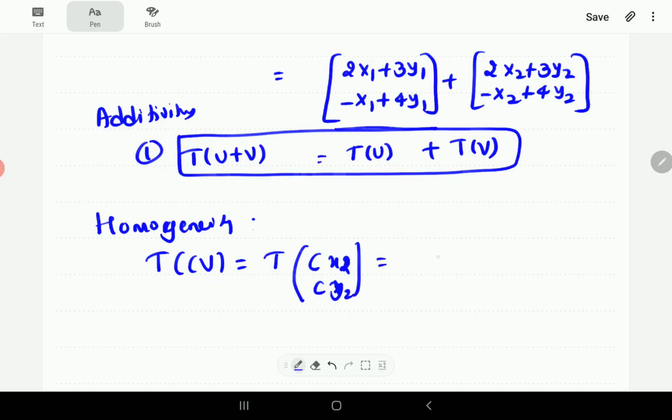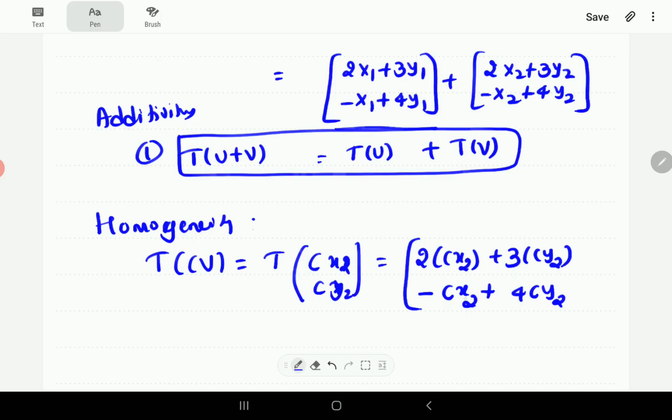So this is equal to 2 into c x2 plus 3 into c y2, and minus c x2 plus 4 into c y2.